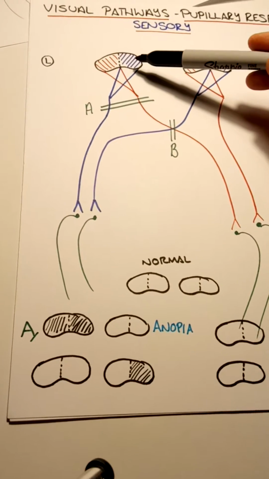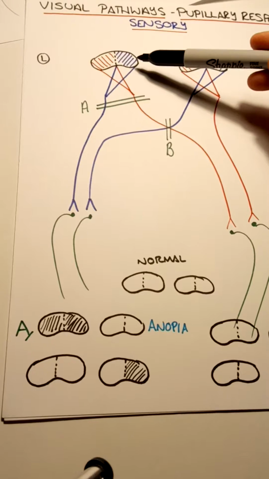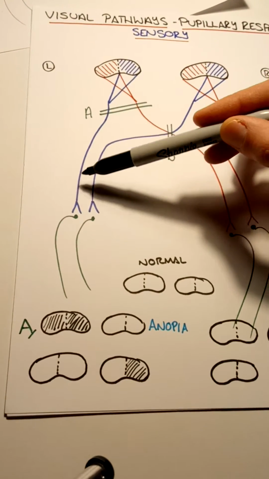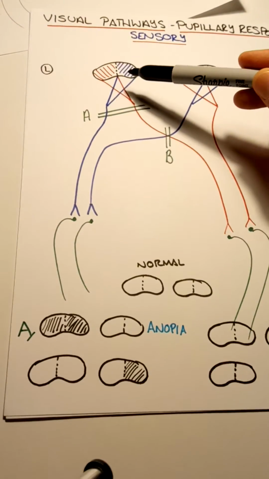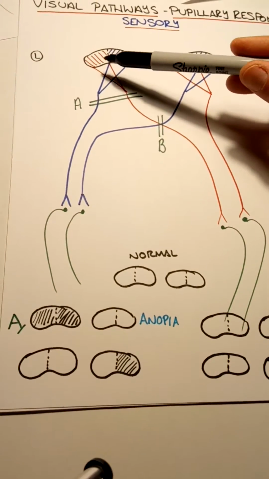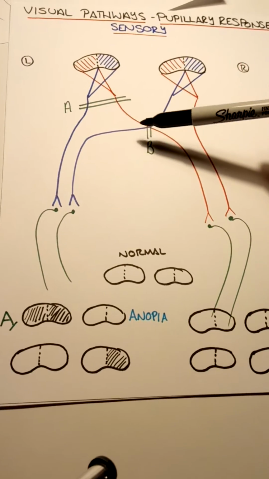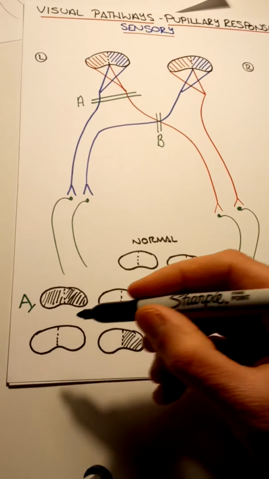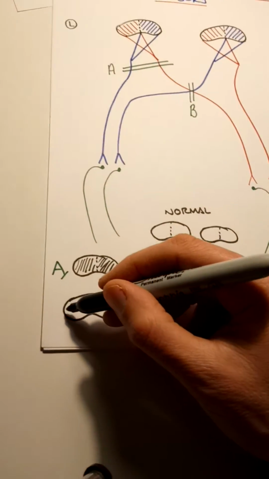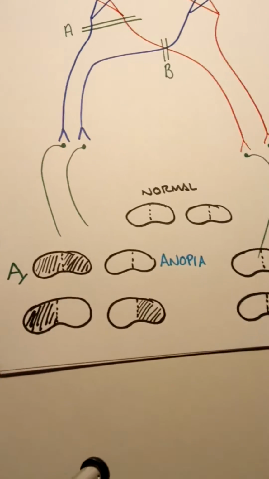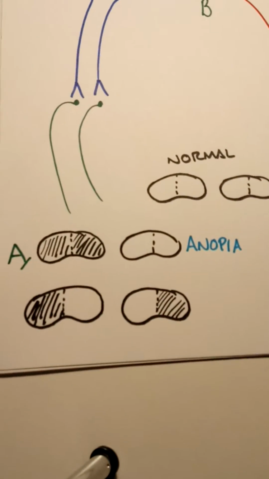So we look at the blue side, the nasal on the left side. Follow that blue line down there. That's not affected by lesion B, so we're good. Does it affect the red side, which is left temporal? Yes, it does. So we can block that out on our diagram here. So what have we got there?